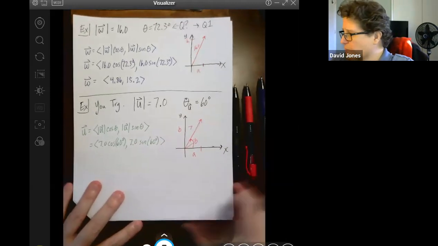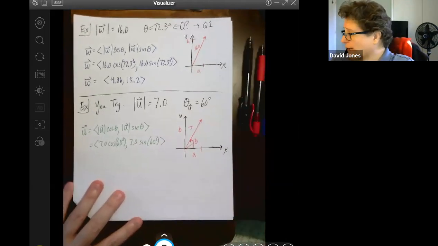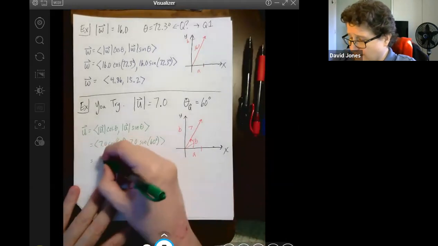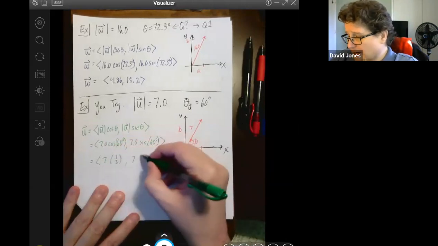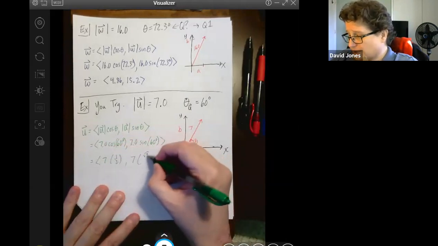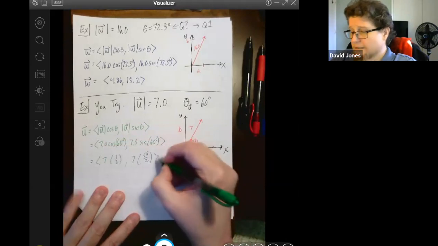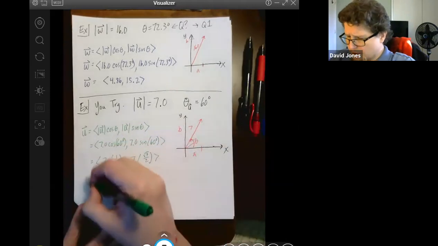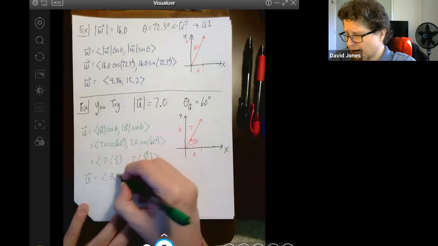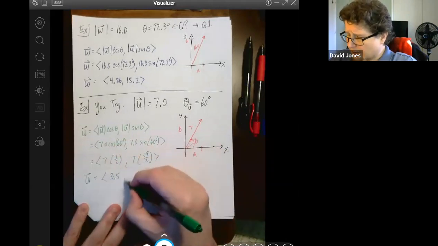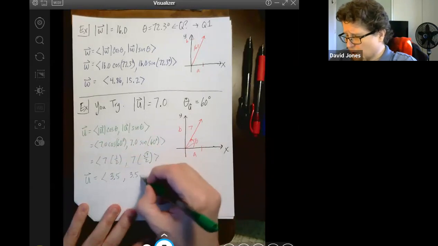I hope you have this memorized. It's 1/2. So 7 times 1/2. And this is 7 times √3/2. So U is 3.5, 3.5 square root of 3.